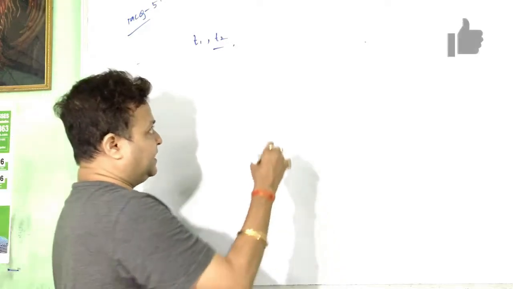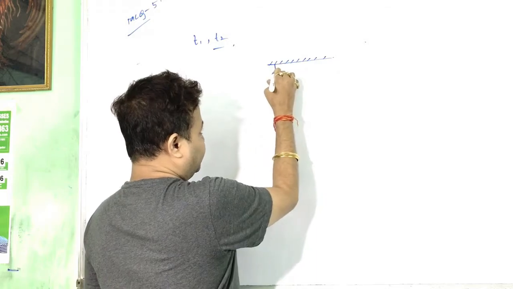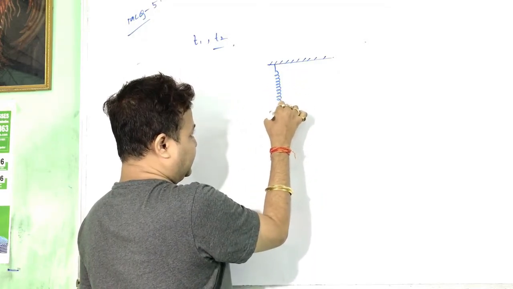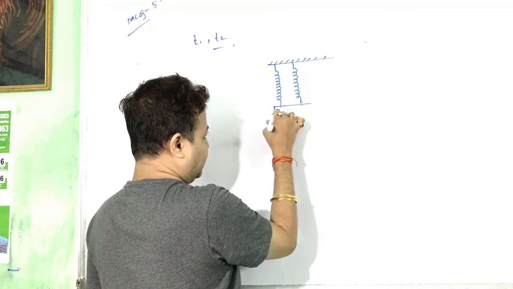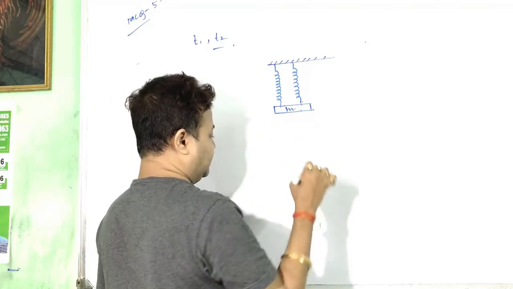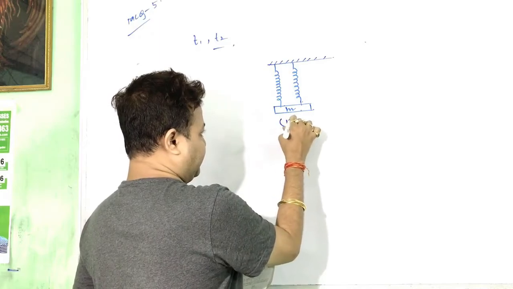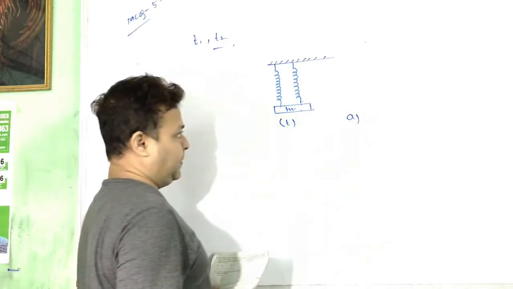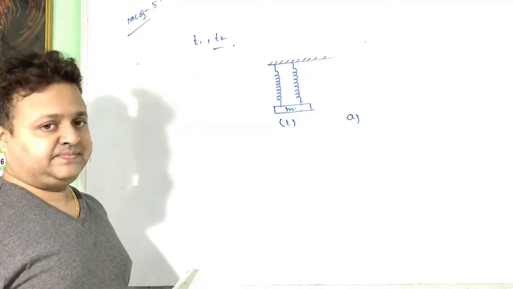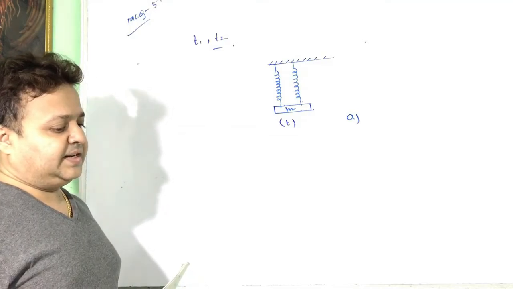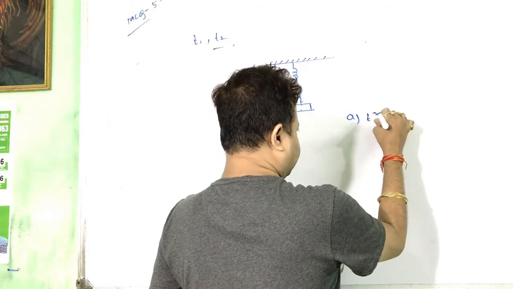If the two springs are connected according to this figure, and the same block is connected with it, then the new time period is small t. Then which relation is correct?